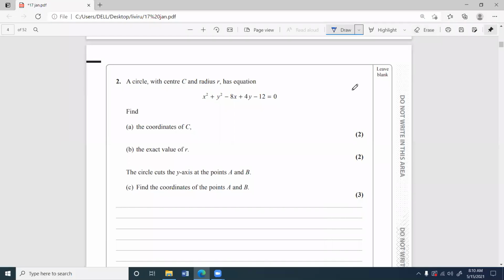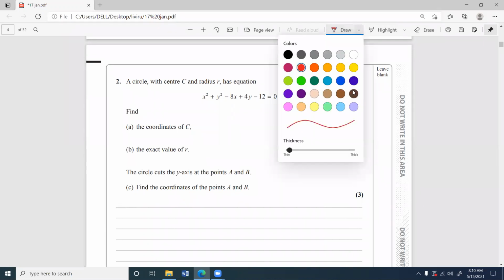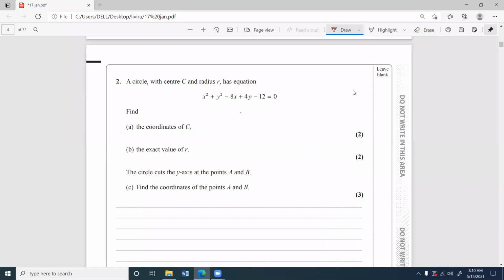Okay, but this next question is based on a circle. So let me briefly go over the basic theory we need to learn about a circle.